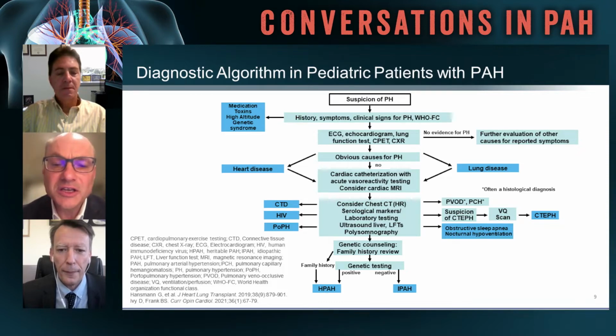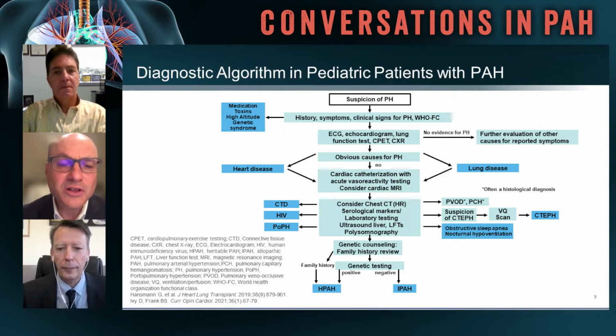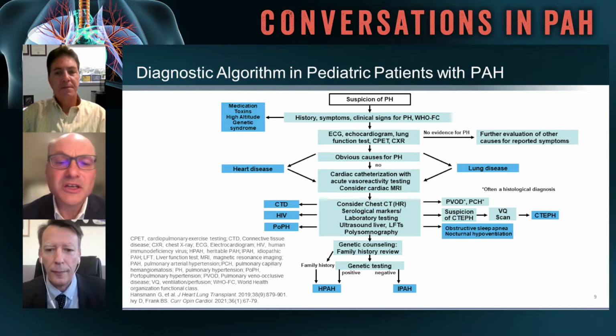And we all know that CTEPH is one of the few quote unquote treatable causes of PH. So I think one thing that this does is to remind us to look for all of these diseases in our patients with PH. There are similarities in terms of cardiac catheterization and what to do with that information, which we could discuss later.